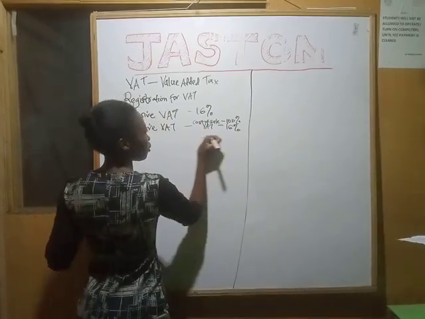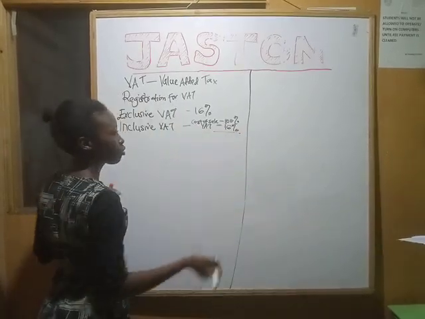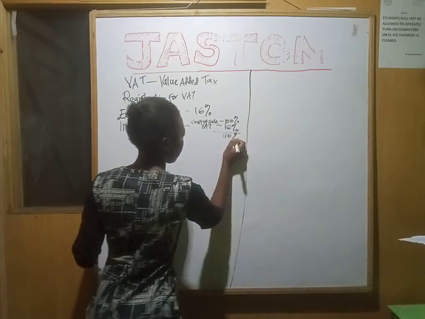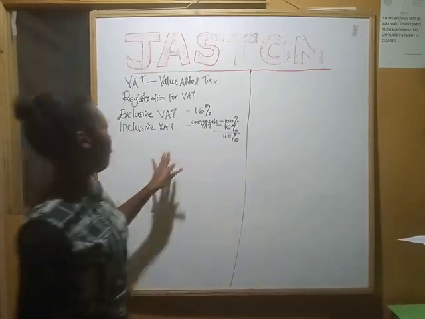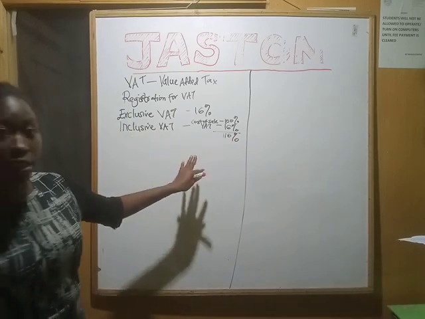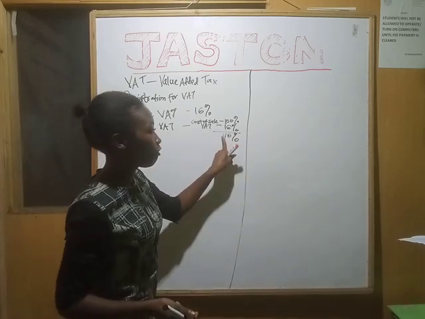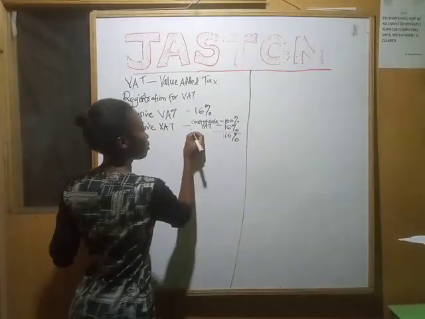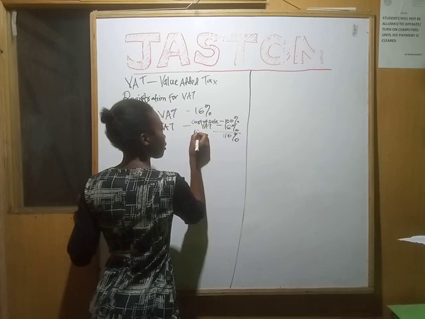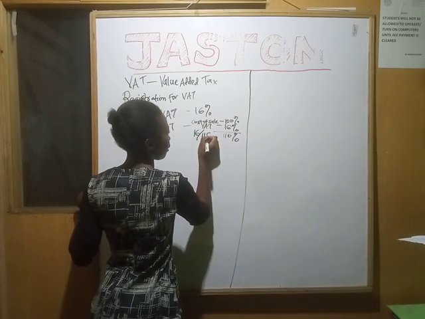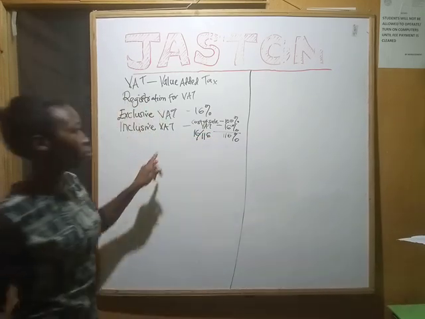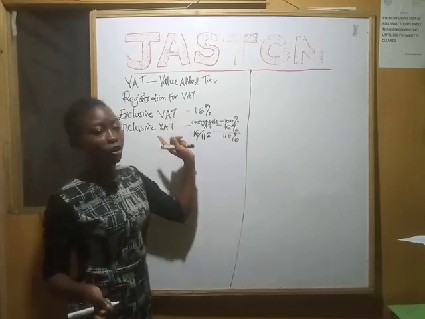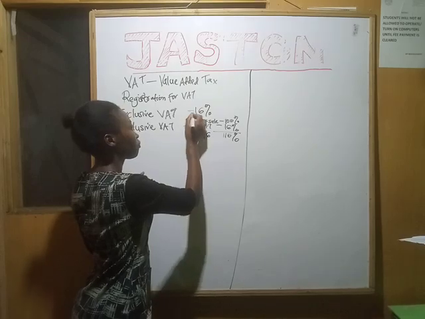The total cost of sale and the VAT is 116%. When you hear inclusive of VAT, this means it is 116%, so you are going to take the 16 over 116. This will be our VAT inclusive.